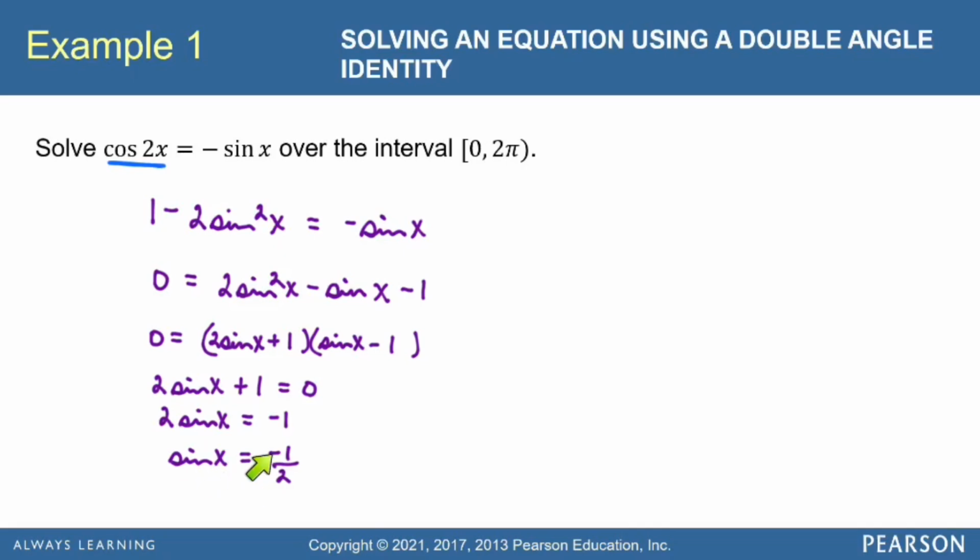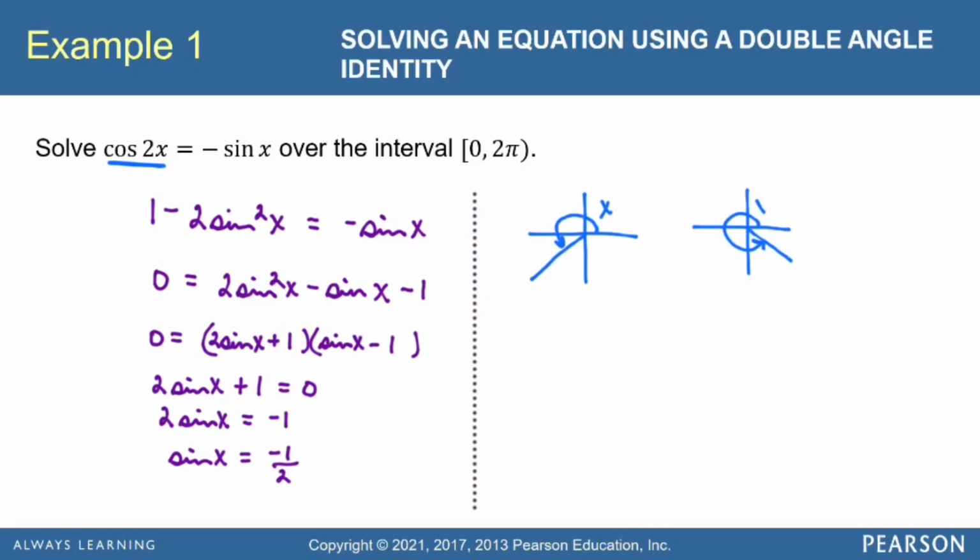Now sine values are negative in quadrant 3 and also in quadrant 4. And because the sine value is 1/2, we know that the reference angle for both of these solutions will be 30 degrees. For the quadrant 3 solution, a reference angle of 30 degrees would give us 210 degrees. And for the quadrant 4 solution, we would get 330 degrees.